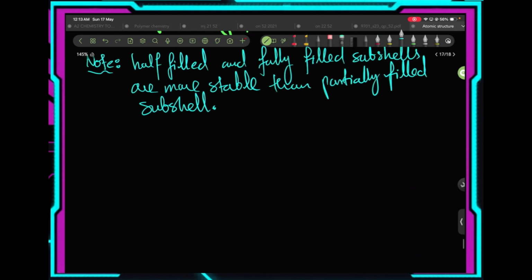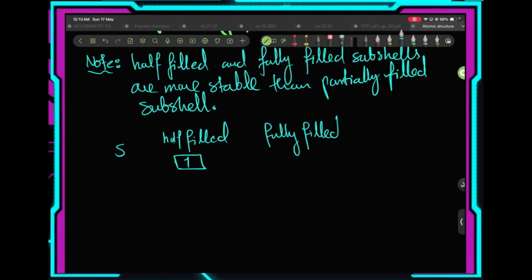So in case of an s orbital, what would be its half filled configuration? How would an s orbital be half filled? How many electrons should it have? One electron. This is the half filled arrangement. And what about fully filled? Half filled means there are half the number of electrons from the total number of electrons it can accommodate.